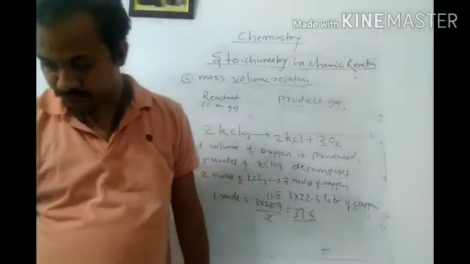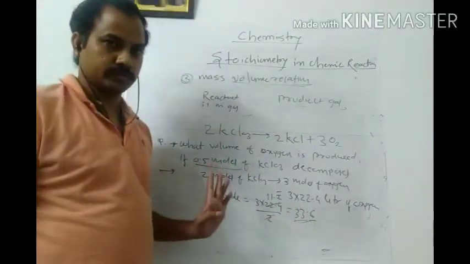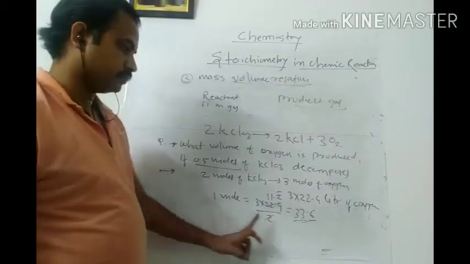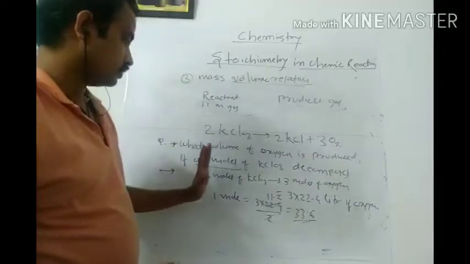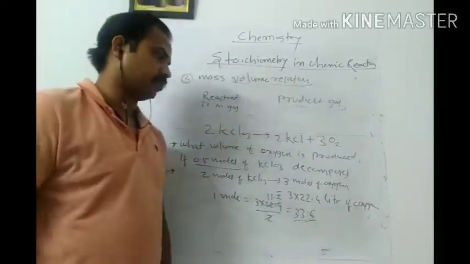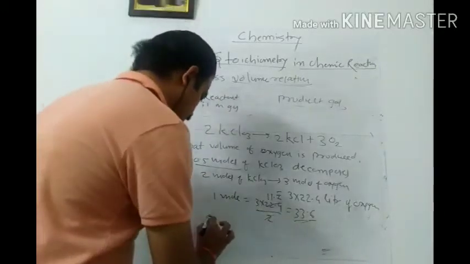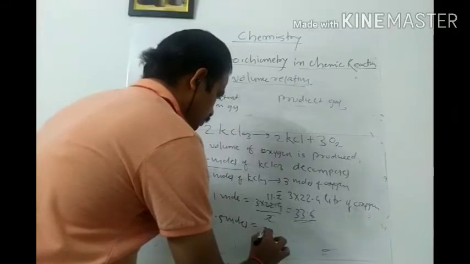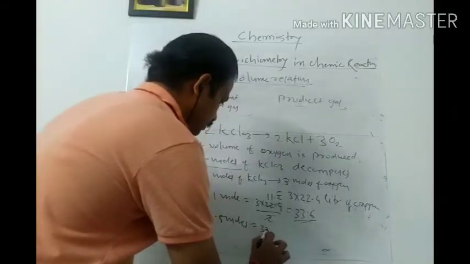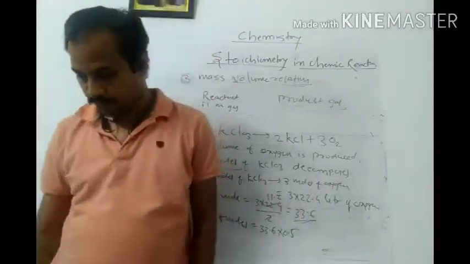Then in your question, what do they ask? 0.5 moles. If 1 mole gives me 33.6 liters of oxygen, I have to find out for 0.5 moles how much oxygen in liters I will get. So for 0.5 moles it is 33.6 into 0.5.